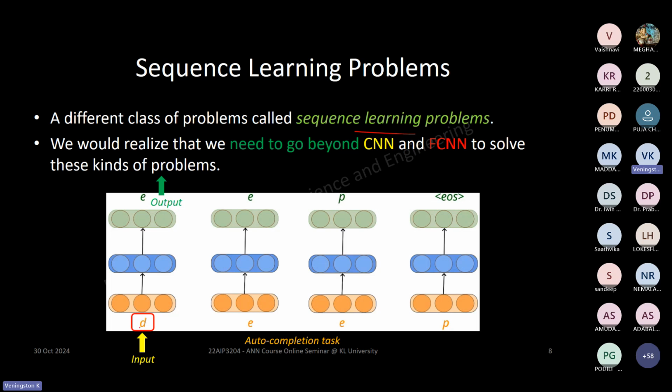For example, the input is given to the neural network. You can think of this as the first hidden layer, and then you have the second hidden layer, and then you have the output layer.